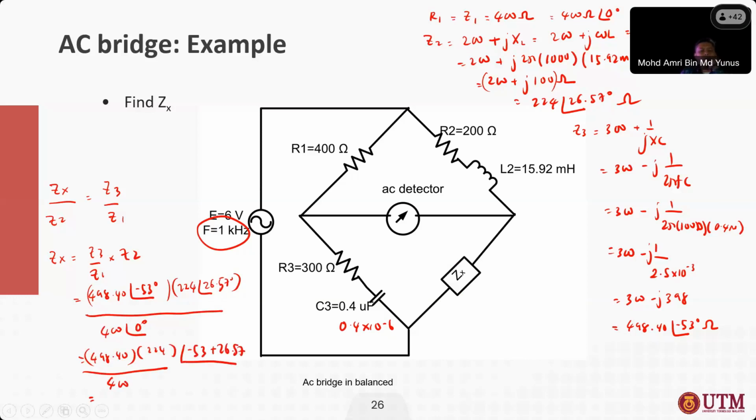So the value is 279.1, then the angle is negative 26.43.